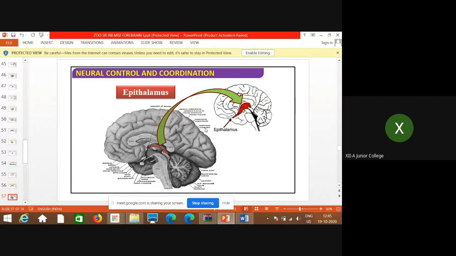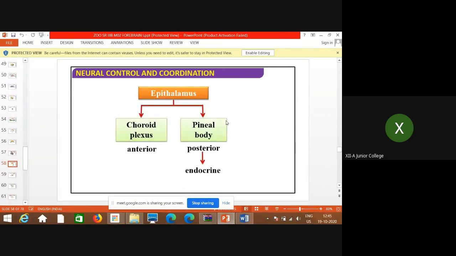This is the area shown in red, the epithalamus. Epithalamus shows two parts. The anteriorly present area is called the choroid plexus, and a very small bulging structure present posteriorly is called the pineal body, which is part of the endocrine system and is also called the pineal gland.